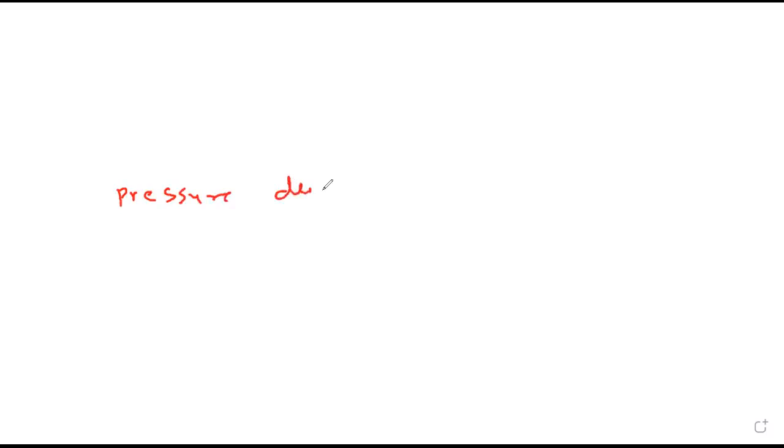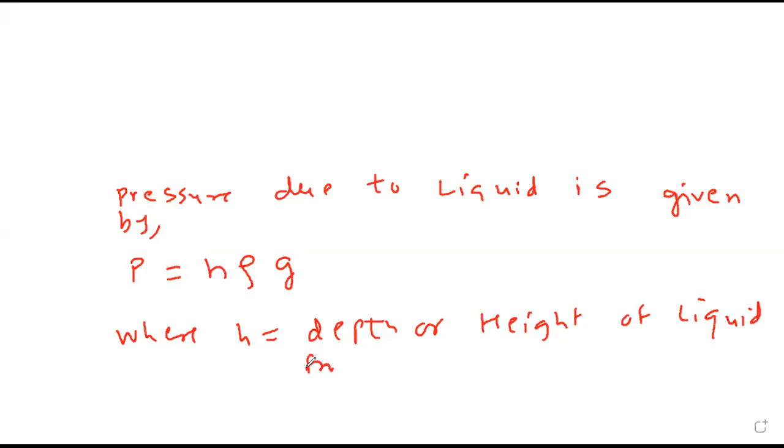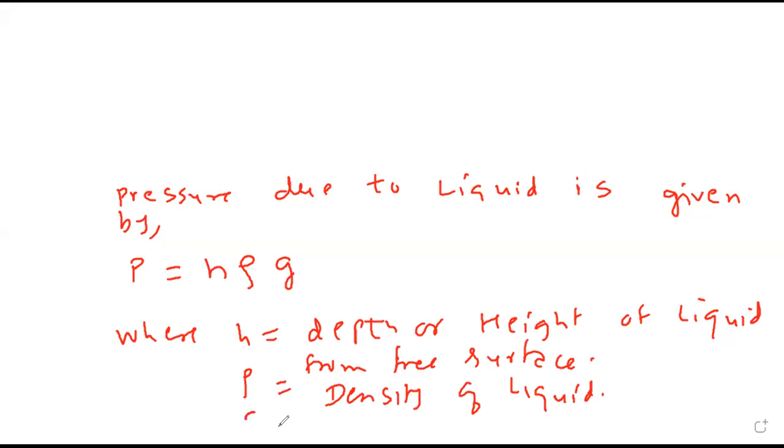Pressure due to liquid is given by P equals H rho g, where H is depth or height of liquid from free surface, rho is density of liquid, g equals acceleration due to gravity. Write this formula and meaning of the terms.